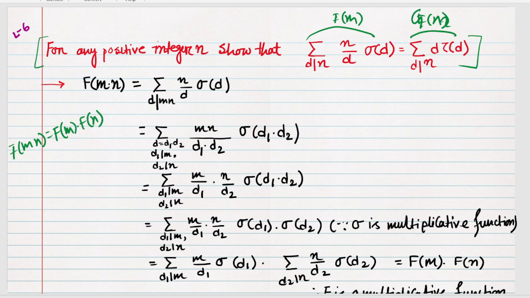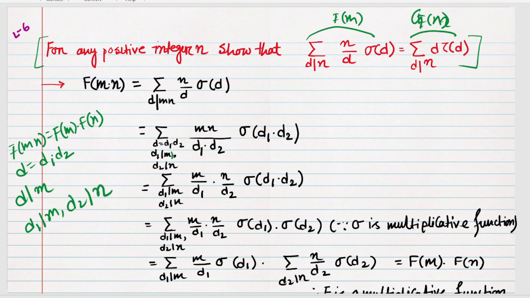We have f of mn equals the summation over d dividing mn, and we can write d as the product d1 dot d2, where d1 divides m and d2 divides n.